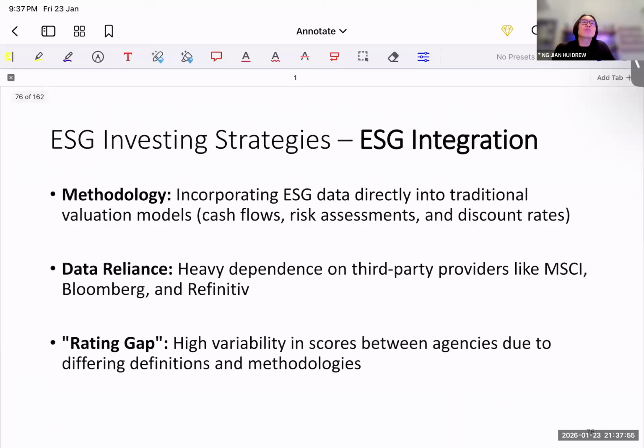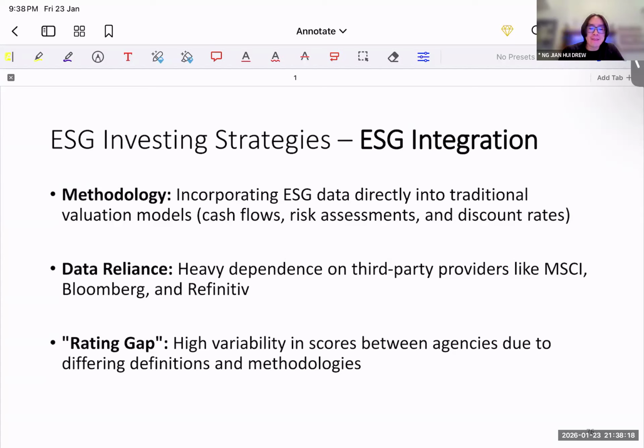The next way is ESG integration, right? So what we do is basically we look at the company's ESG score. And many of you probably have access to Bloomberg or Refinitiv. These paid platforms typically now have some form of ESG scoring.